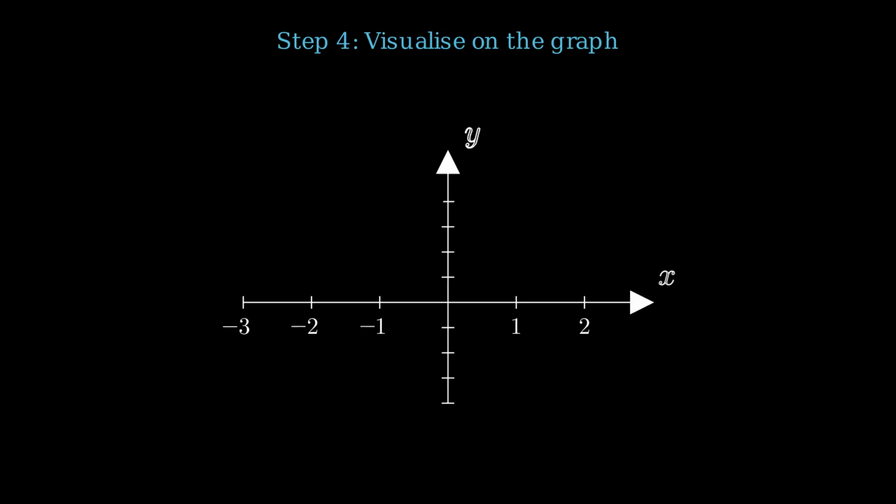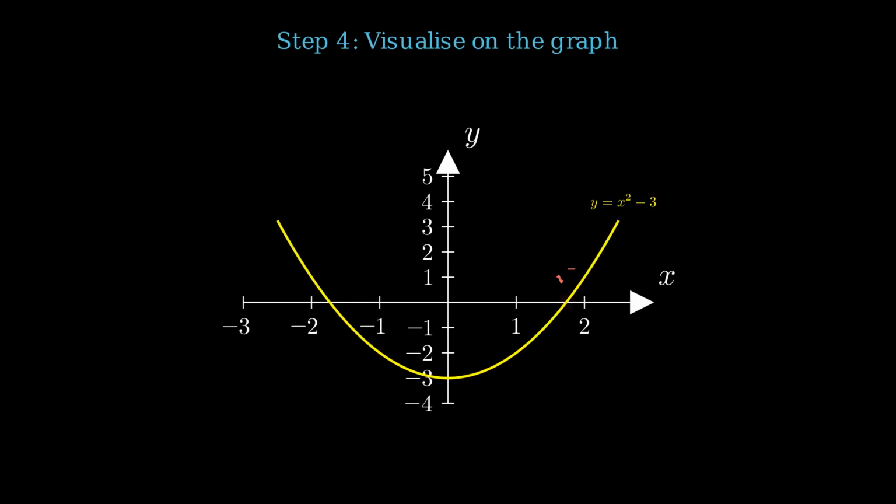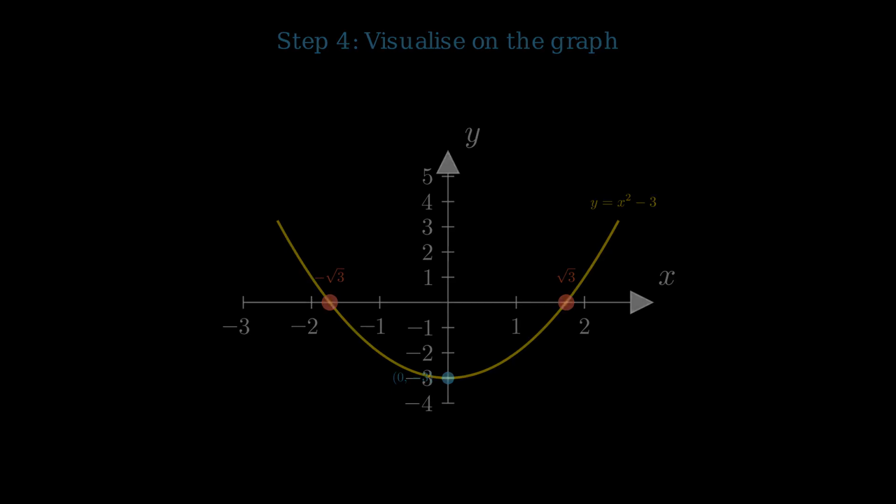The parabola y equals x squared minus 3 opens upward with its vertex at the point 0, negative 3. It crosses the x-axis at positive root 3 and negative root 3, which is approximately 1.73 and negative 1.73 on the number line.